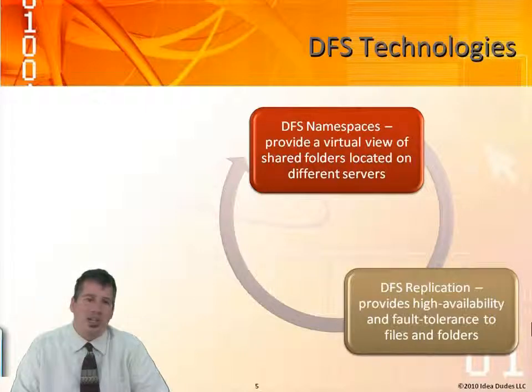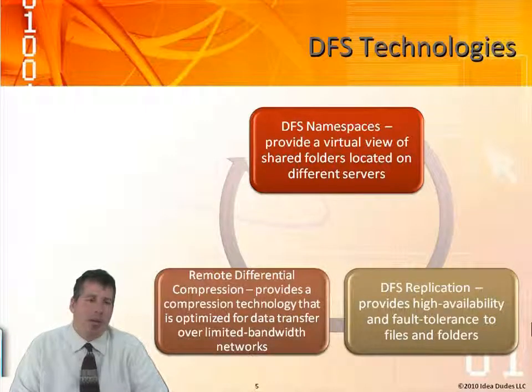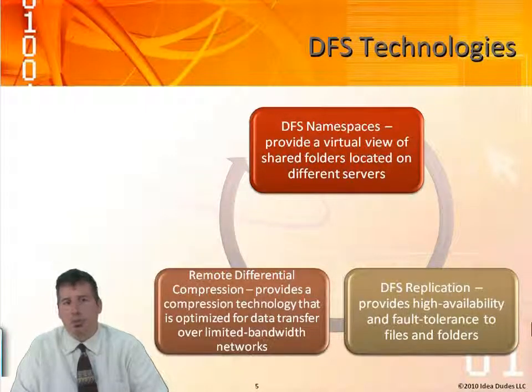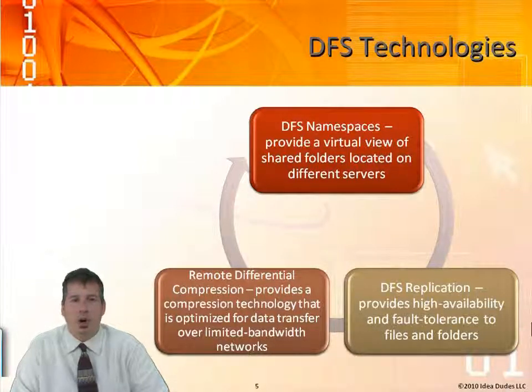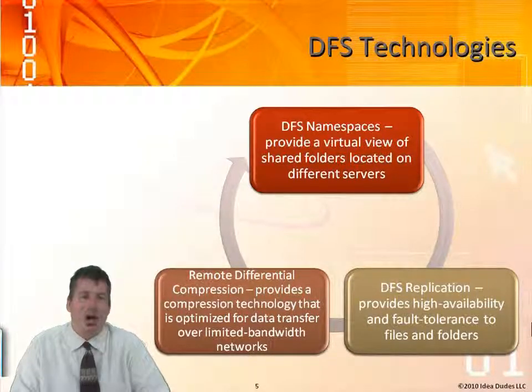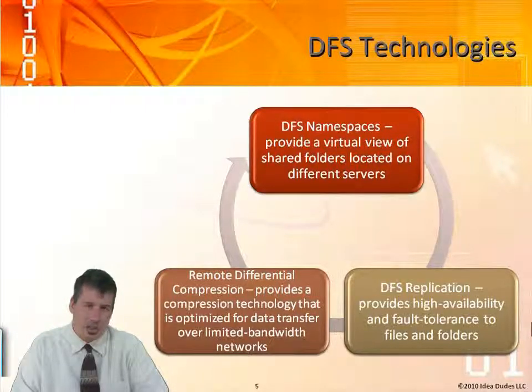The topology is just the map saying which server the information is supposed to go to. And then we have remote differential compression, which provides the compression technology that's optimized for data transfer over limited bandwidths, because all it does is replicate the things that have changed. And that's the big thing about DFSR.